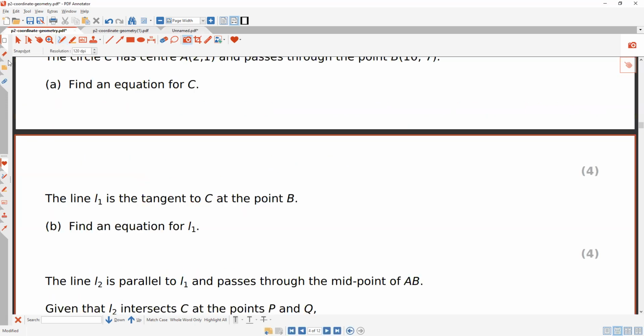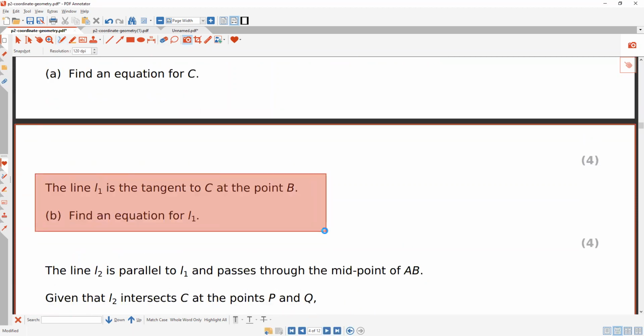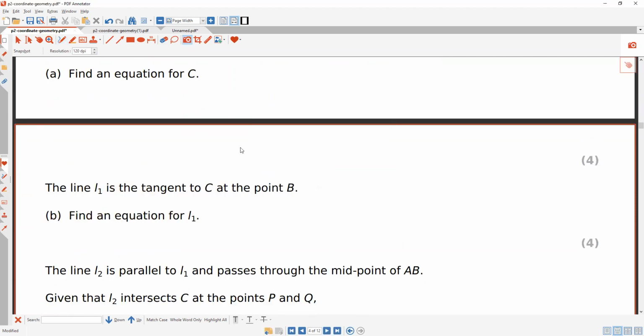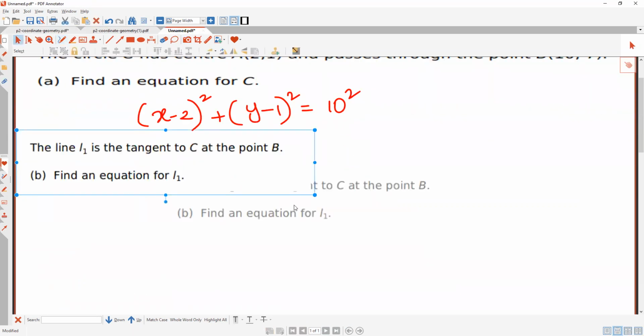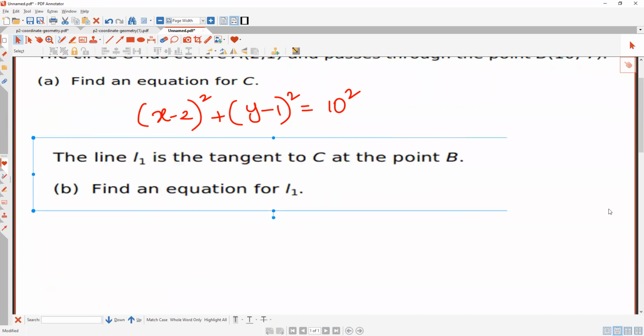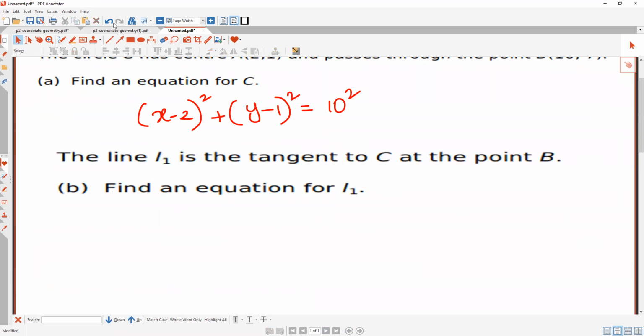Now let's go with the B part. 4 marks again. Equation of L1. L1 is a tangent to C at point B. Fine. Let's try that also. You guys know what point B is? Yeah, you guys know point B. Fine.